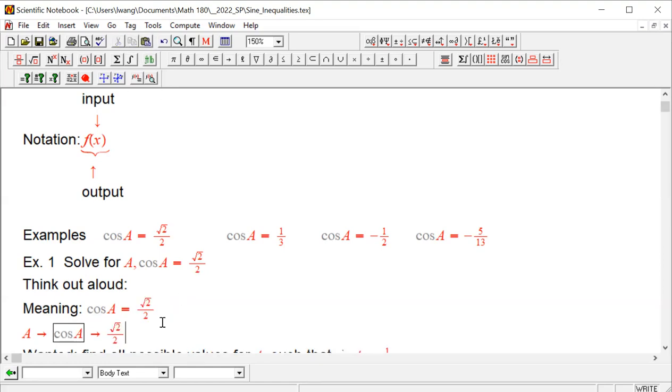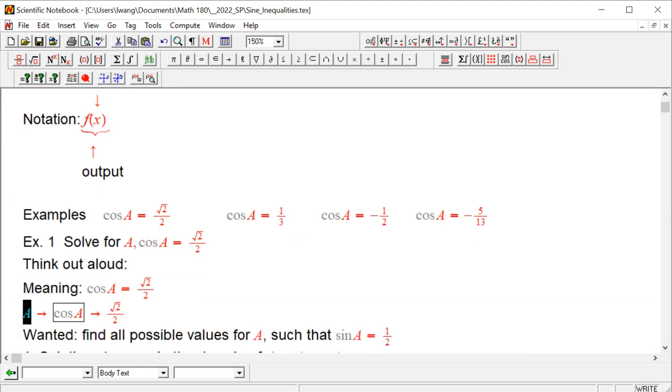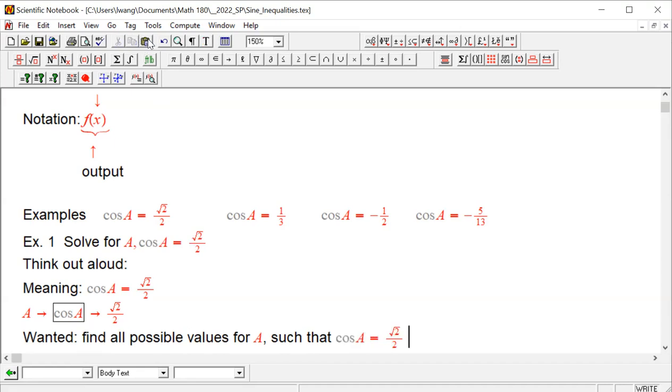We know the output is √2/2, and we're looking for the input. And because this is a special angle.